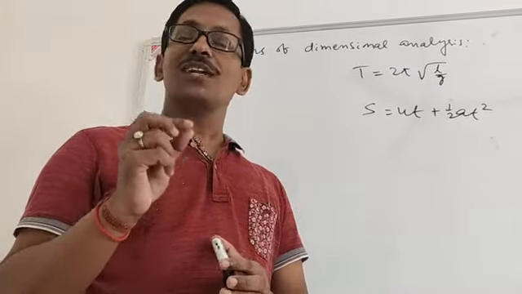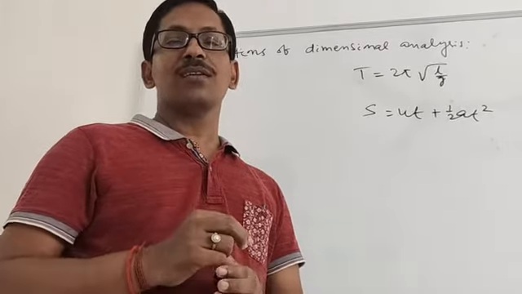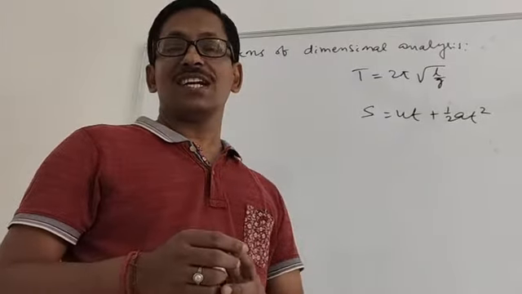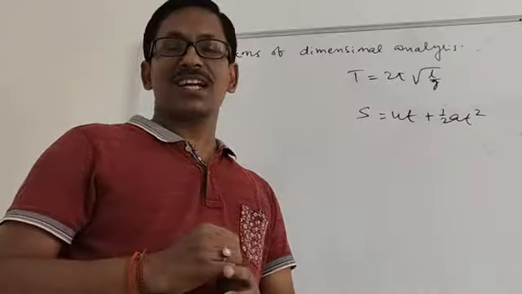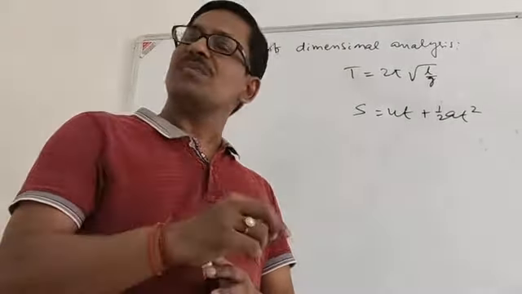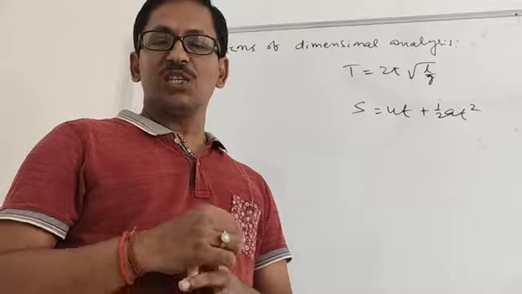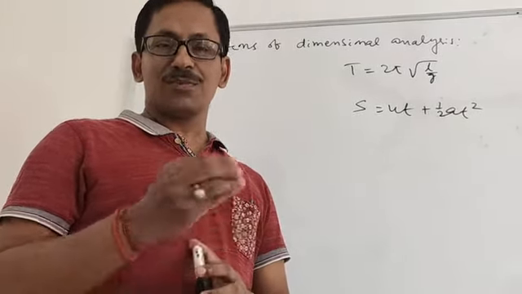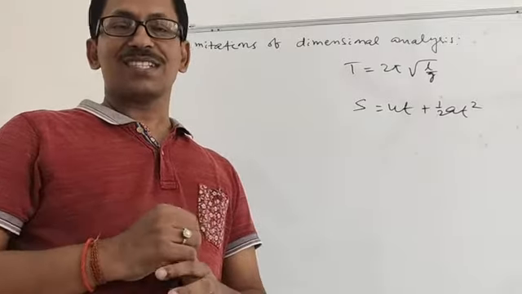So they are called dimensional constants. For example, gravitational constant, Planck's constant, gas constant. So they are all dimensional constants. They are having dimensions. You might have found the dimensions of some of these constants.